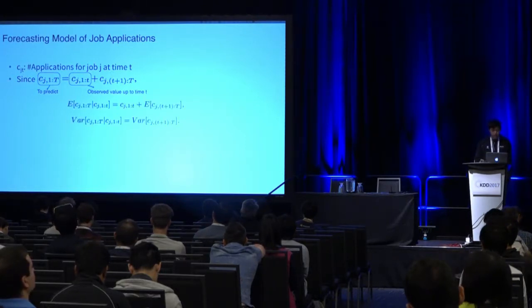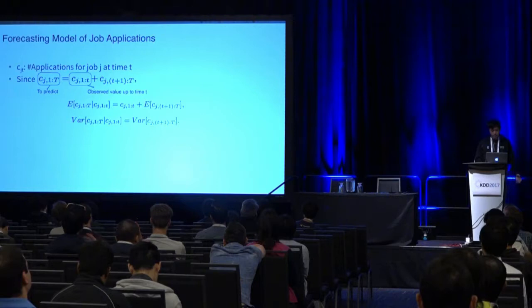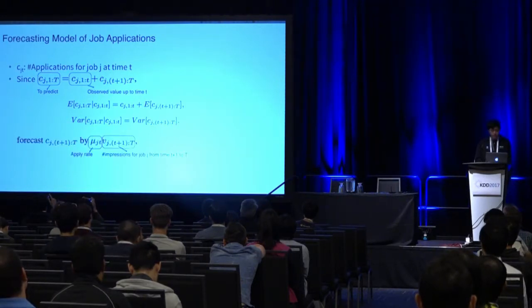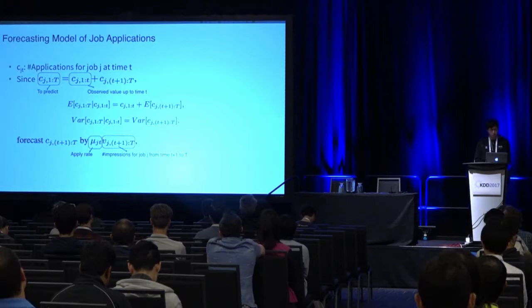So you can easily write down the expected value and variance, which is simply just the second term. That's what we need to care about. How do we forecast the second term in the formula? We forecast it by a product of the apply rate, denoted mu, and the impressions that we anticipate it is going to receive, v.